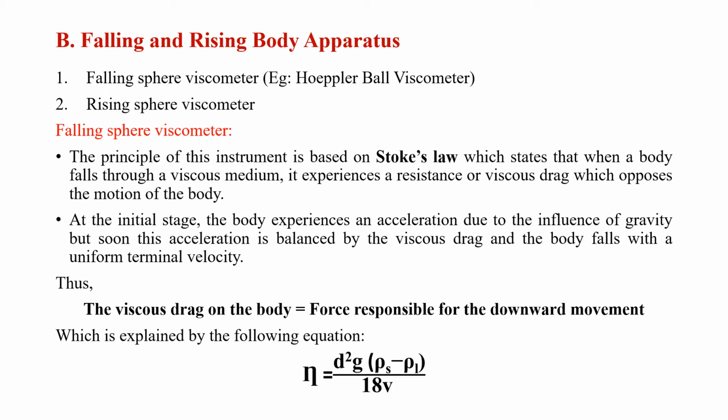Now tell me, out of these two cases, which sample do you think will have greater viscosity? Of course, A. Because it is taking much more time to reach the bottom, which indicates the fluid is showing some resistance towards the movement, right?